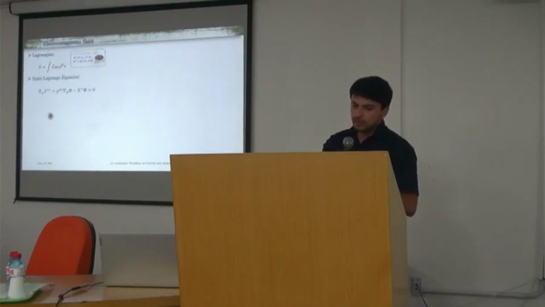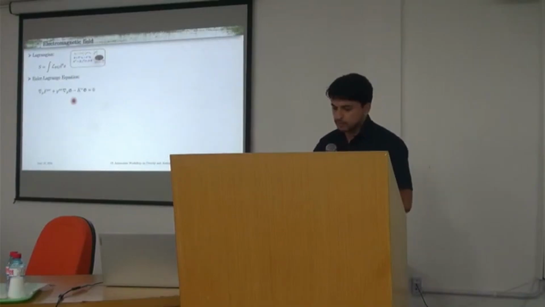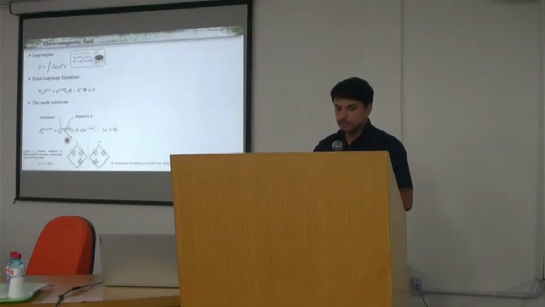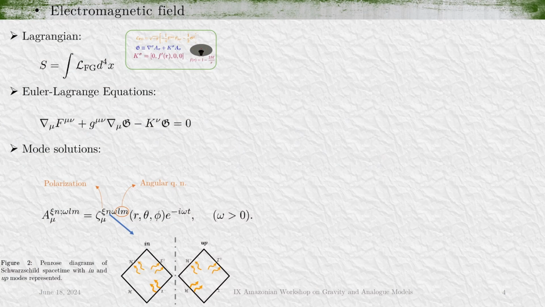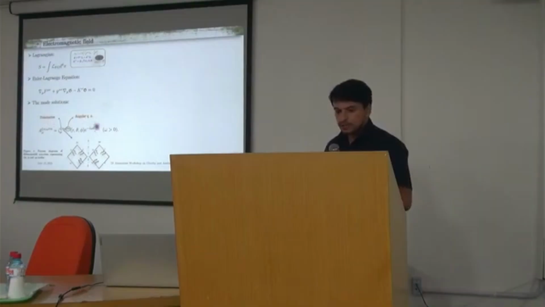Basically, we obtain the Euler-Lagrange equation in this way, and the positive frequency modes. These modes are characterized by some indices: the polarization, the angular quantum numbers, the frequency, and this index N that stands for the so-called in and up modes that Rafael told us early today.